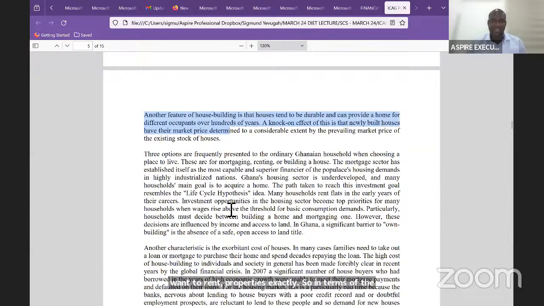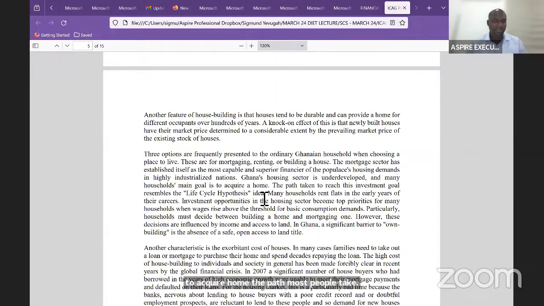The mortgage sector has established itself as the most capable and superior financier of the populace housing demand in a highly industrialized nation. Ghana's housing sector is underdeveloped. Is that clear? As many households' main goal is to acquire a home. The path most people take is to what?